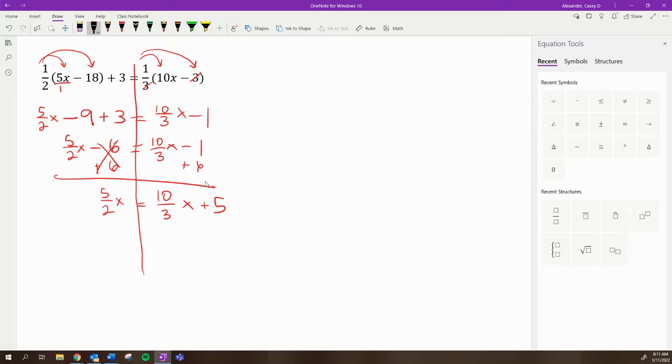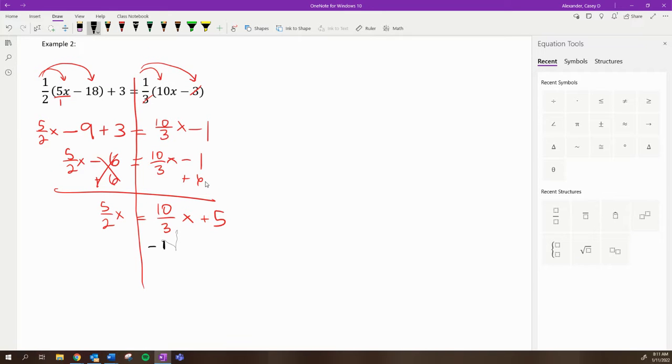And that's a +10/3 x, so I'm going to subtract 10/3 x, and I'll do so from each side. And so I'm supposed to do 5/2 x minus 10/3 x. And I think all of you know that in order to subtract fractions, we need to find a common denominator. And so I'm going to multiply this one by 3/3, and I'll multiply this one by 2/2.